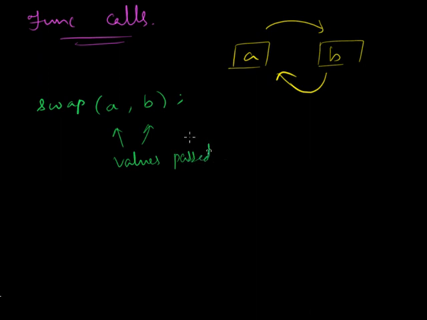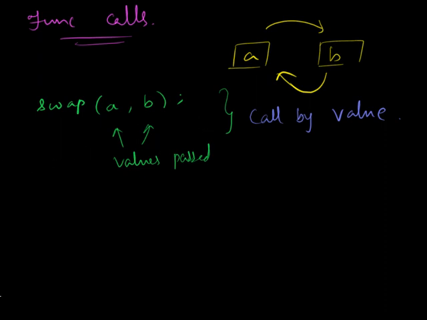Such type of call, when we pass values, is called a call by value. Such type of call where you pass values to a function is called a call by value.